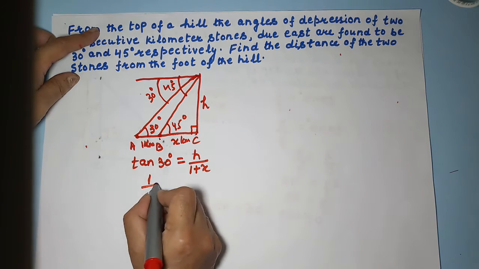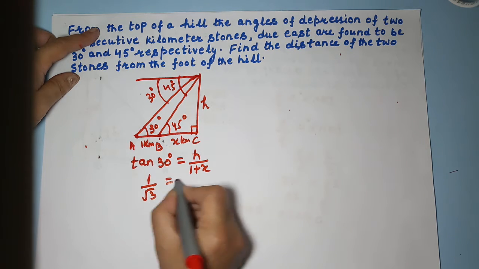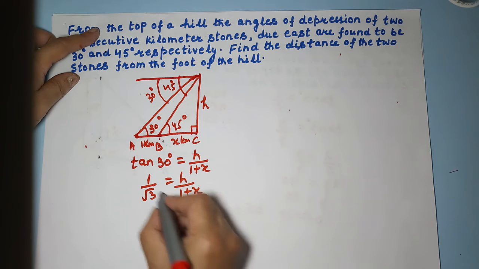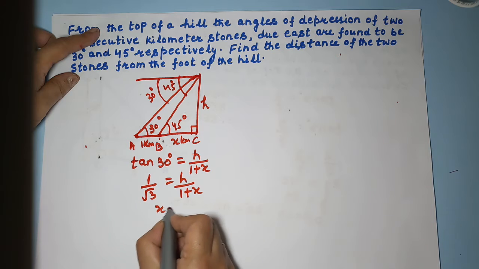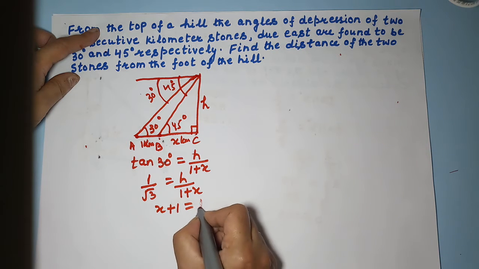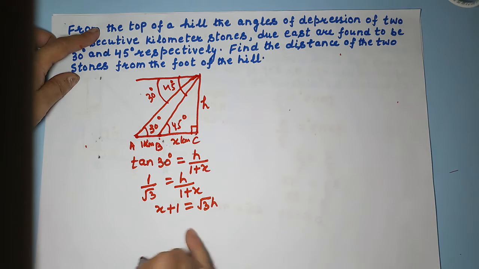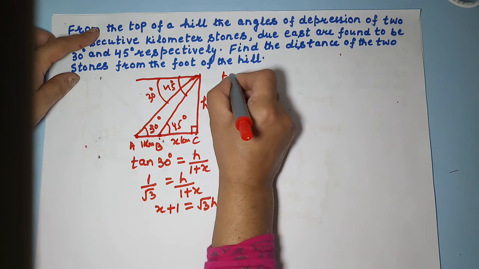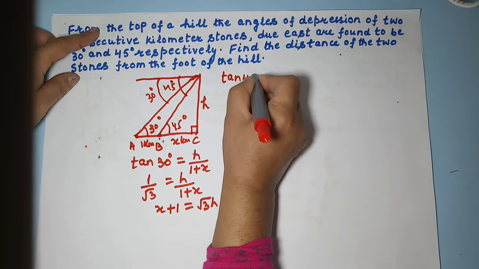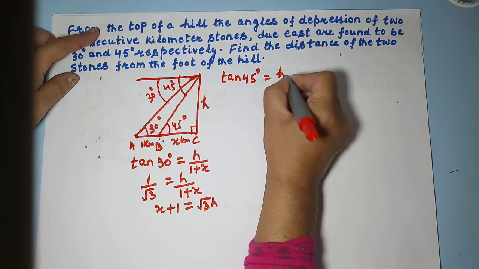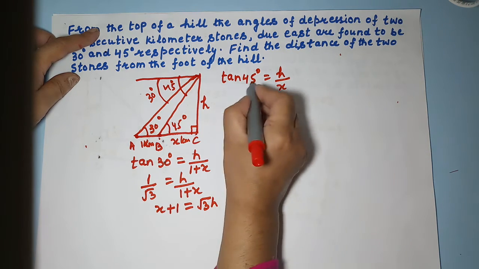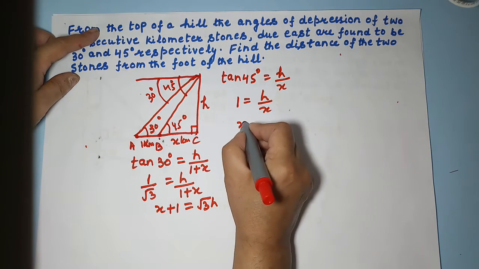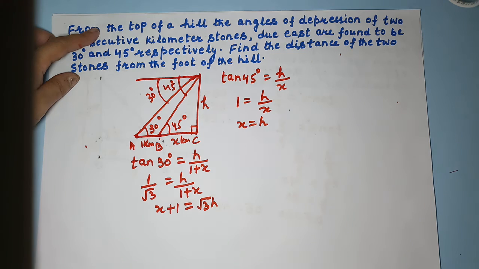So tan 30 degrees is 1 by root 3, which is equal to h upon 1 plus x. So if I cross multiply, I will get x plus 1 is equal to root 3 h. I'll leave it here. I'll go to this triangle, and in this triangle tan 45 is equal to h upon x. Now tan 45 is 1, equal to h upon x.